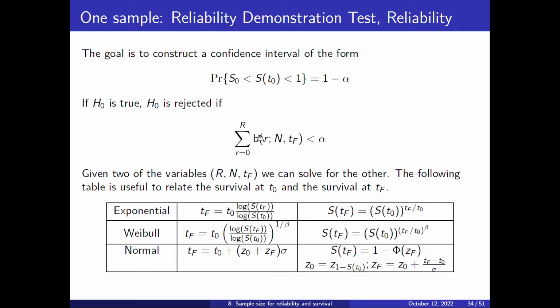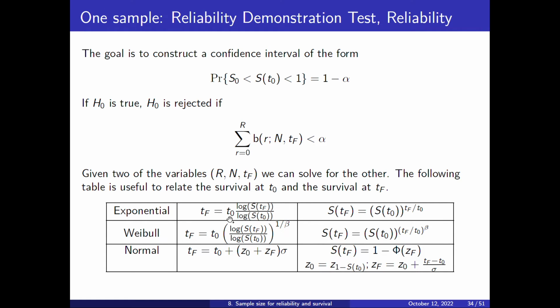And again, we have 3 parameters: r, the number of spoils that we admit, n, the number of devices that we are tracking, and tf, the length of our experiment. And again, we have these relationships between tf and the survival times. Here we are relating survival time at tf with survival time at t0.